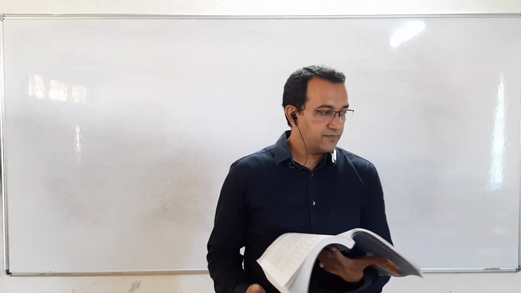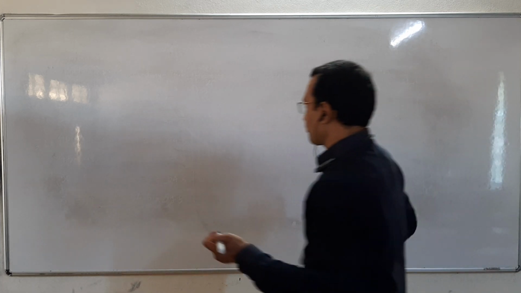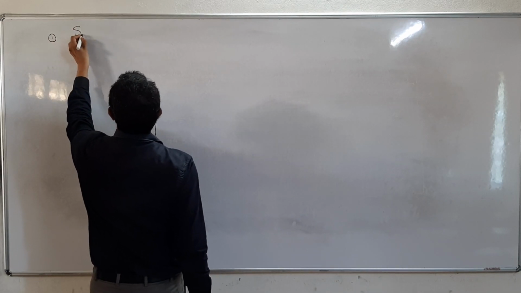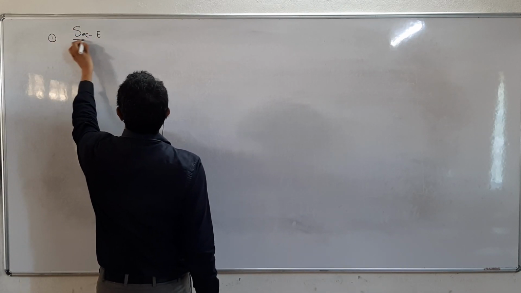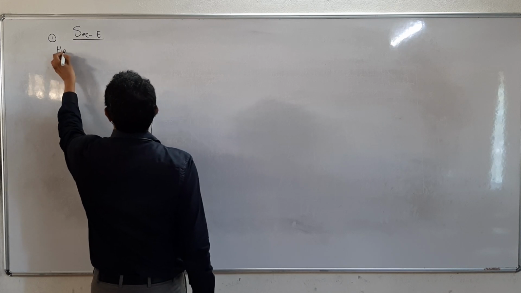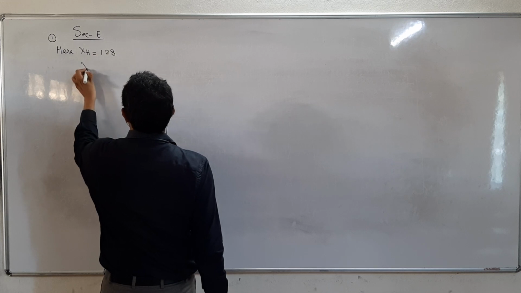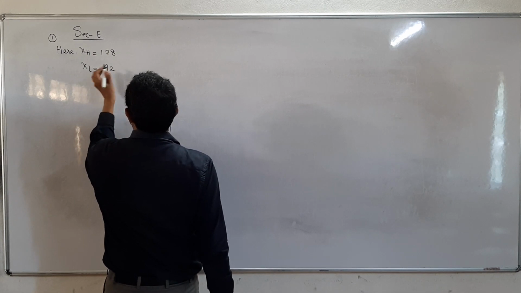Okay students, our first target is to locate the range. For range, we need to check the highest and lowest observation. So the highest observation is 128 and the lowest is 92. So I start with the first sum of section E. Here XH is 128, XL is 92.